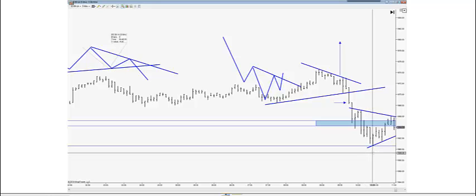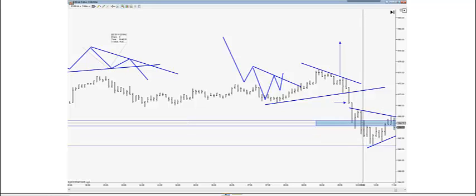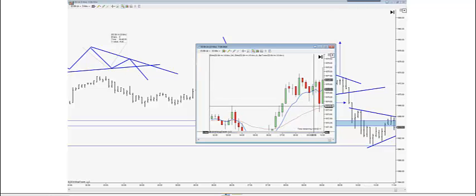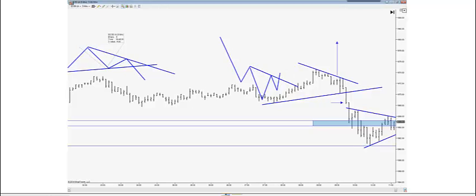No. What should we do? Well, plain and simple: if we break the low right here, we might consider going short. Might, I say. But right now, I need to concentrate on buy setups. Why? Because the moving averages are still separated towards the upper side, indicating bullish. Obviously, you already saw the results right there. But take a look at this.